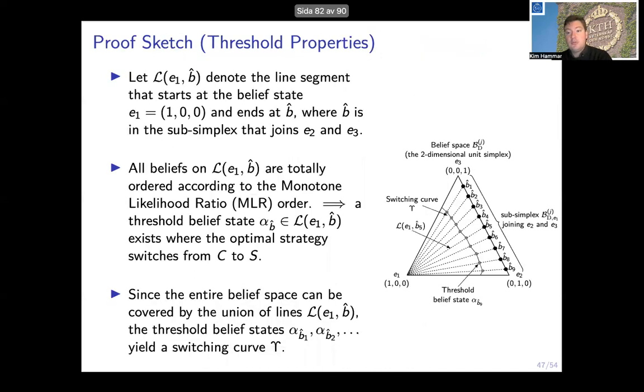Here's also a sketch of the proof to why such a switching curve exists. This proof is due to Professor Vikram Krishnamurthy, and it's a very elegant result in my opinion.